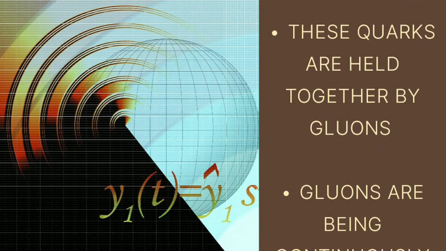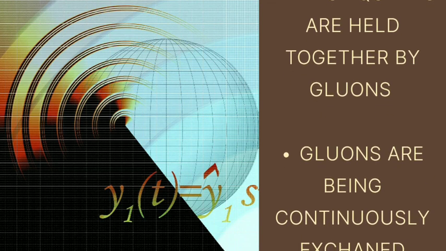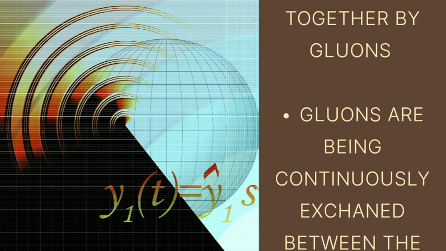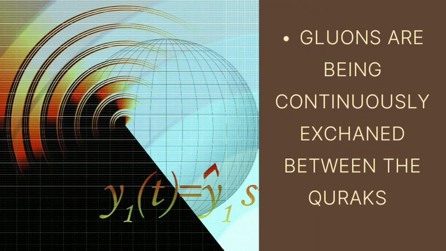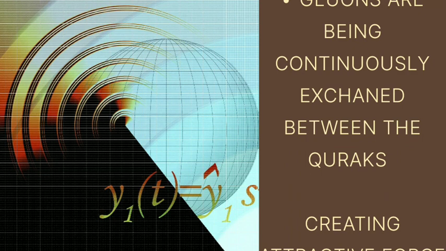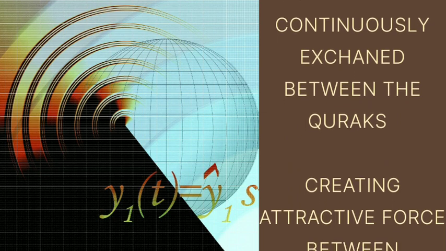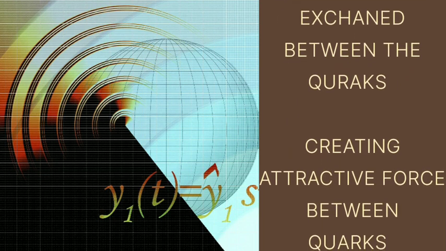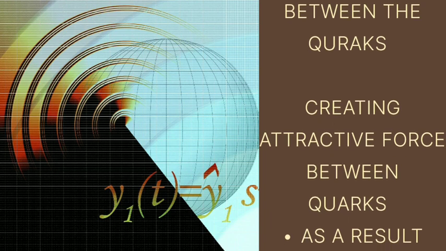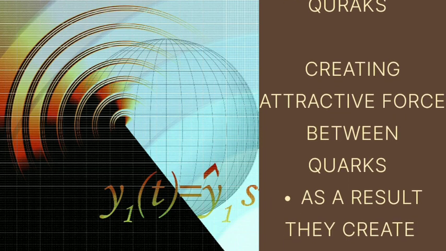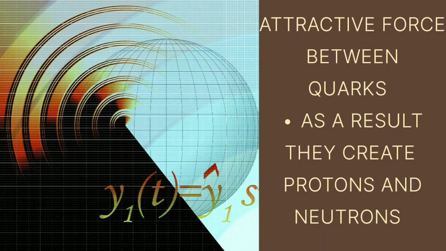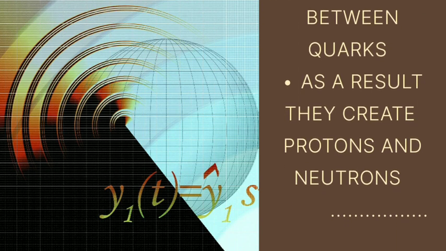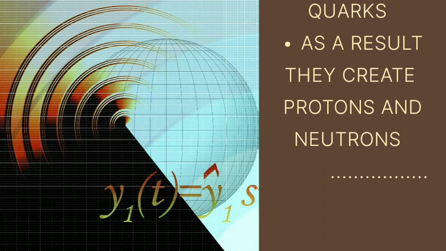Gluons are being continuously exchanged between the quarks, due to which a strong attractive nuclear force is created between quarks. As a result, they create protons and neutrons.